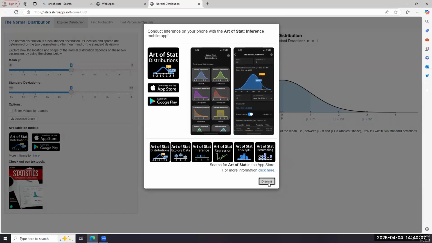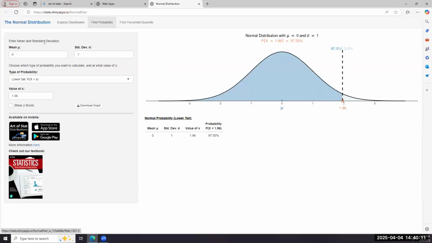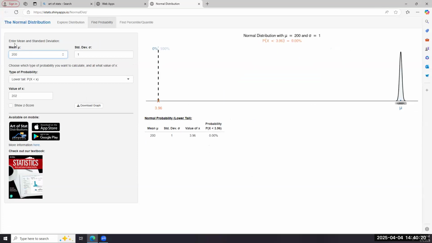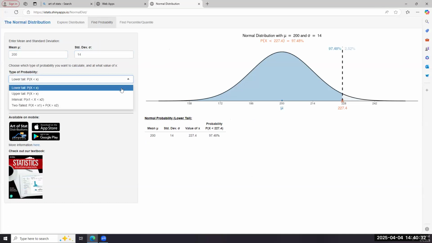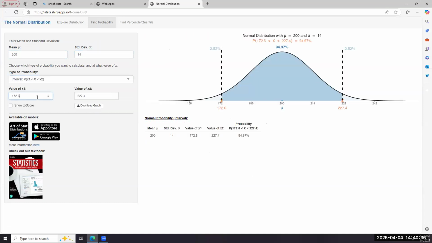You are looking for the probability, find probability. Bring your mu, the mean of 200. Okay, that is 200, a standard deviation of 14. So that's a 14. Then what we are interested in is between two numbers, okay? So you are interested in this third case, and you put the lower number and the upper number.